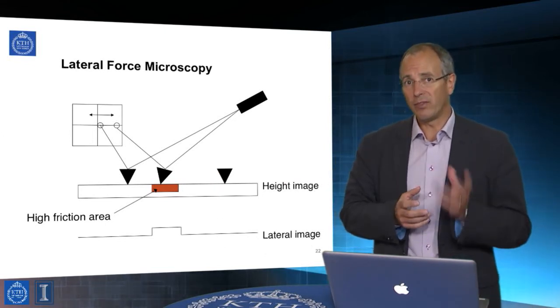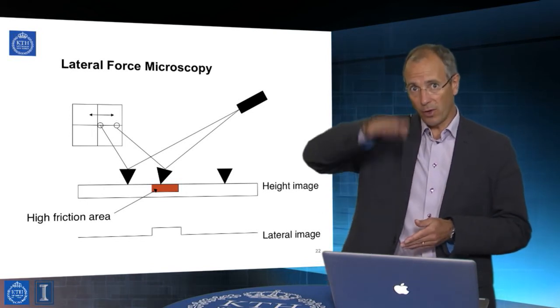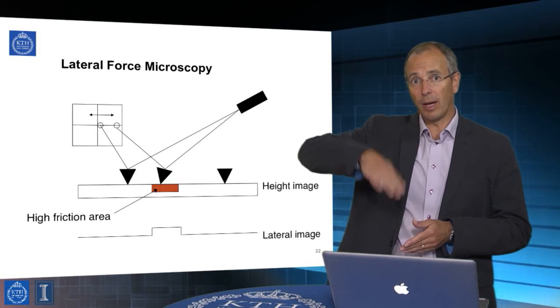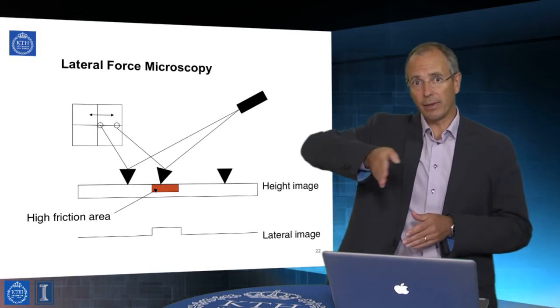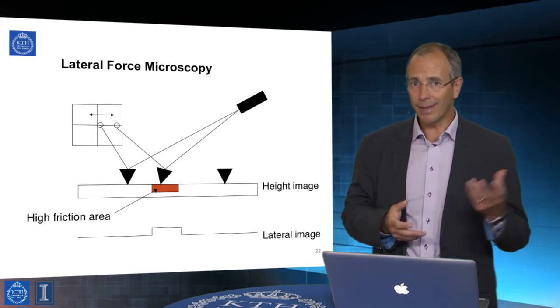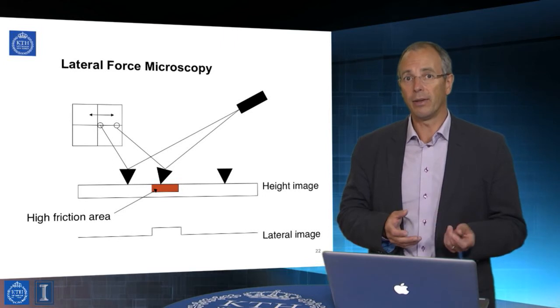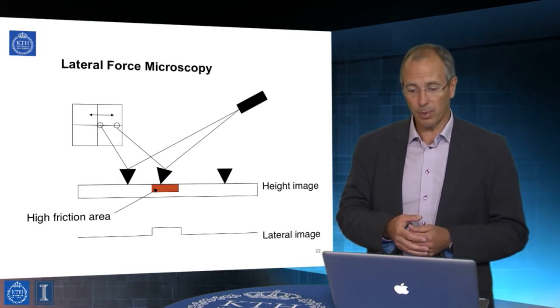And if we've designed our photodiode correctly, it's not only going to be sensitive to vertical deflections of the cantilever, so up and down, it's also going to be sensitive to twist of the cantilever. So we can use the twist in the cantilever as another force sensor in a different plane to understand the chemical interaction between the tip and the surface.